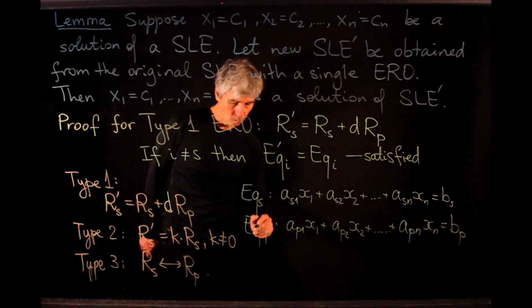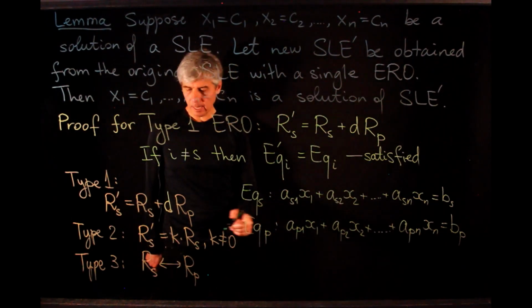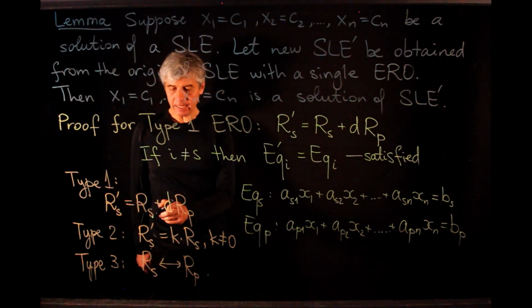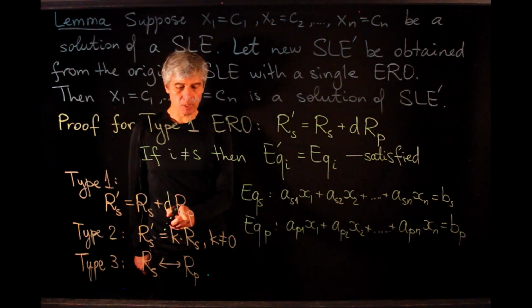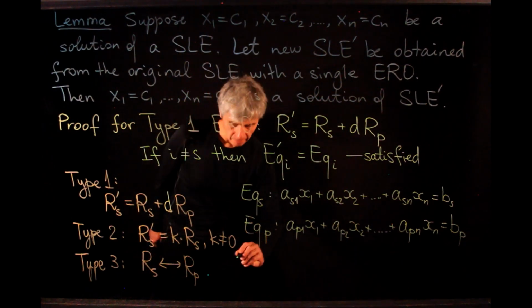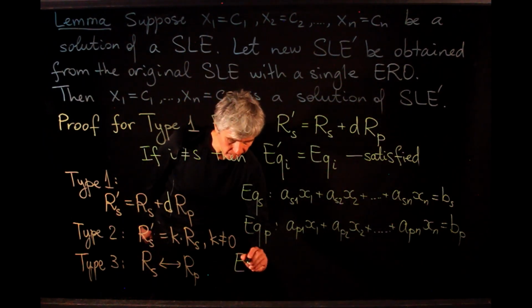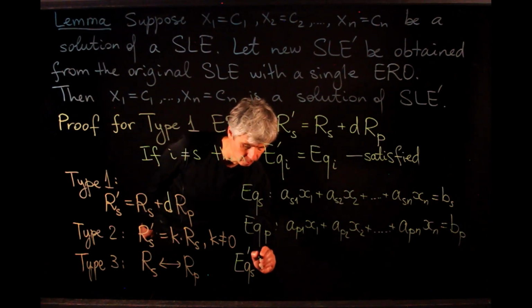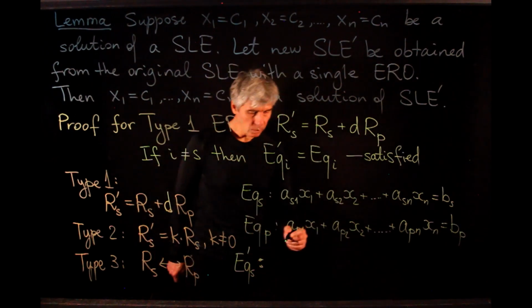Now, the equation number S in the new system is obtained by adding to equation number S in the old system D times equation number P in the old system. So this means that equation number S in the new system will look like this.